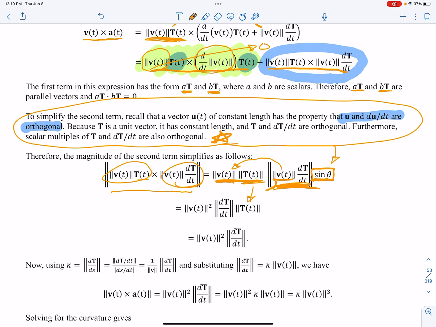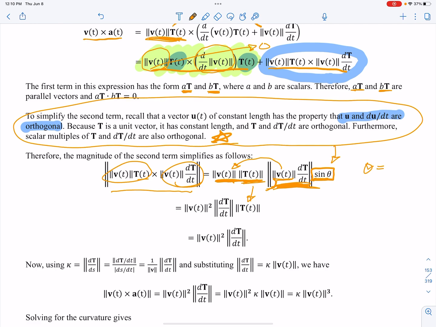If they're orthogonal, that means that theta is pi over 2, or 90 degrees, which means that this is equal to sine of pi over 2, which is 0. Or, sorry, not 0, 1. Whew. Okay, so that's where that went. This is just a times 1. They rewrote this term, dT, they just wrote it like that. So all they did is rewrite everything. Oh, I lied to you guys.